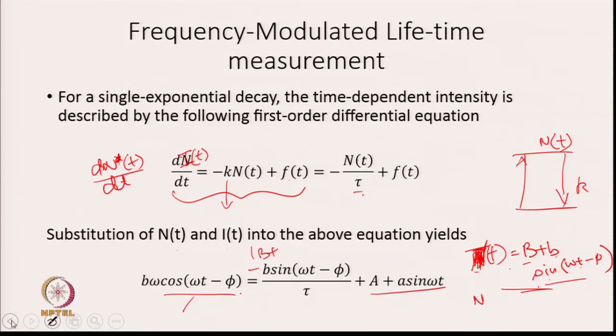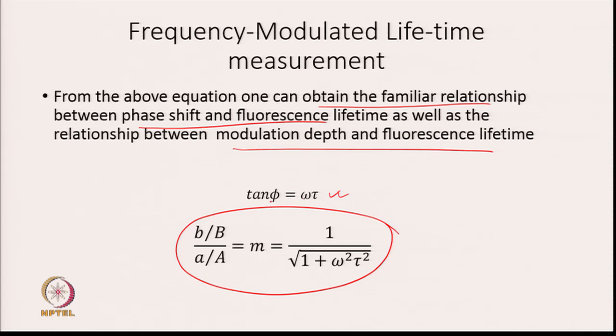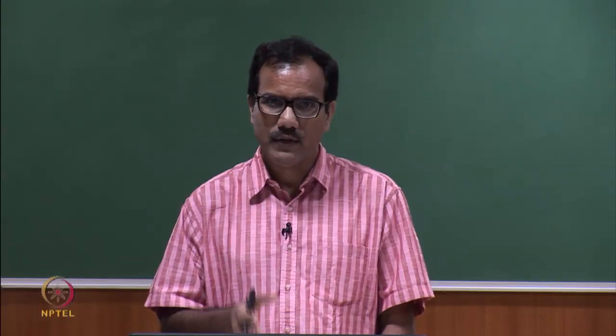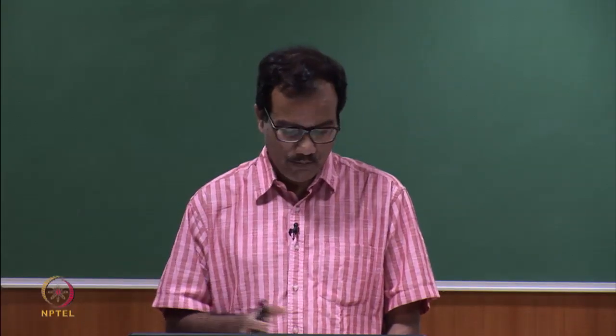If we solve this equation, we get tan phi equal to omega into tau, where tau is your lifetime, and b divided by a will be equal to m, and that will also give you tau. You can get the value of lifetime from the phase shift, or you can get the value of lifetime from the m value.